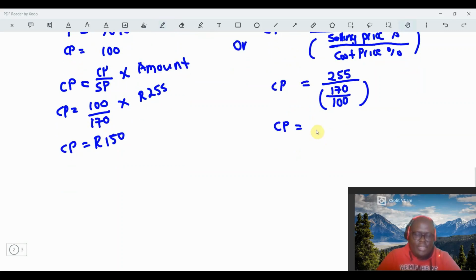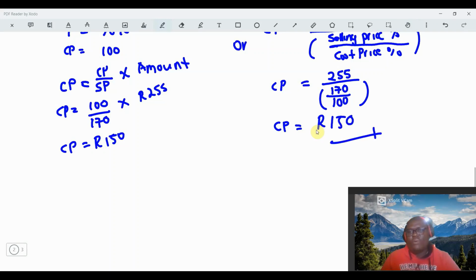So 255 divided by 170 divided by 100 still gives us the cost price of 150.